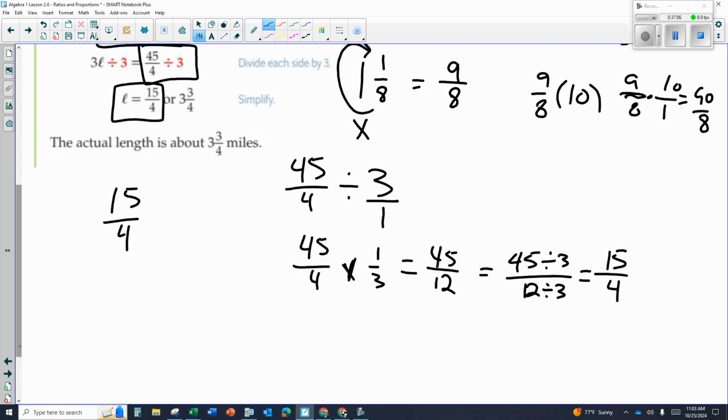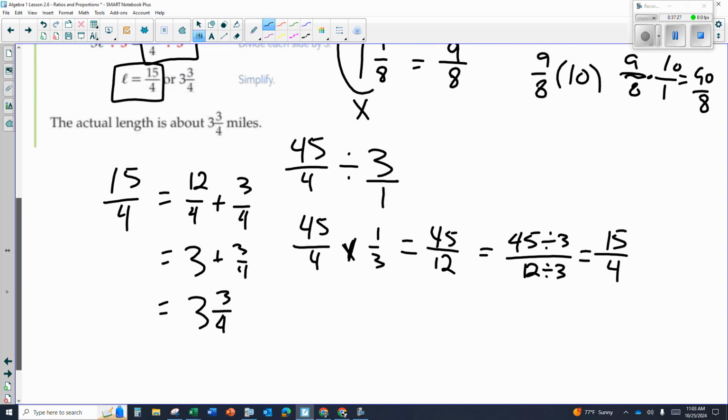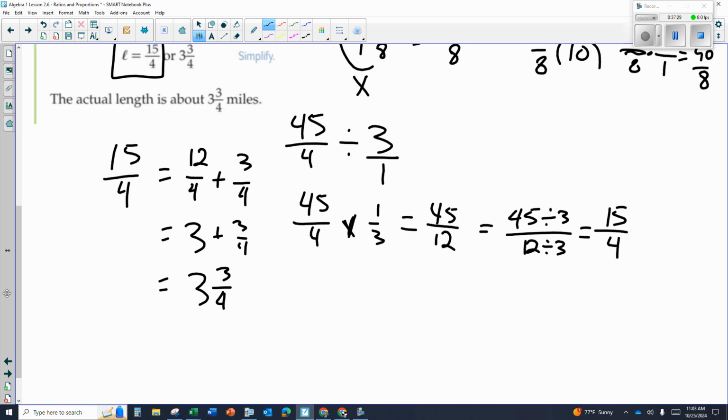So 4, 8, 12. So this is equal to 12 fourths plus 3 fourths. Well, 12 fourths is 3, so that's just equal to 3 plus 3 fourths, which means we can write it as our mixed number 3 and 3 fourths. Lots of ways to do this. You need to find a method and process that works for you.